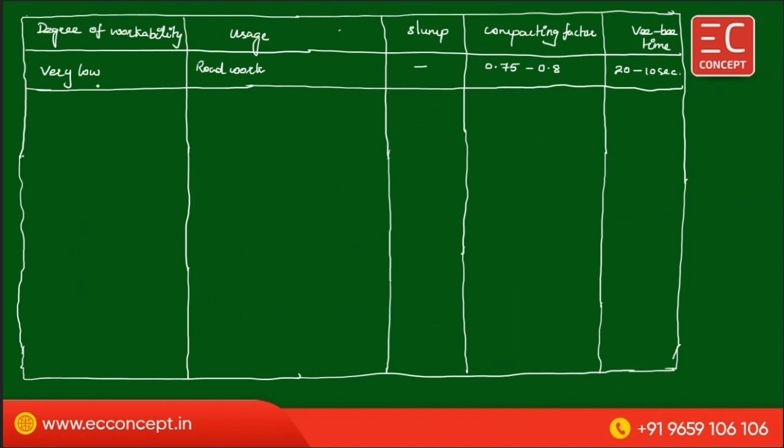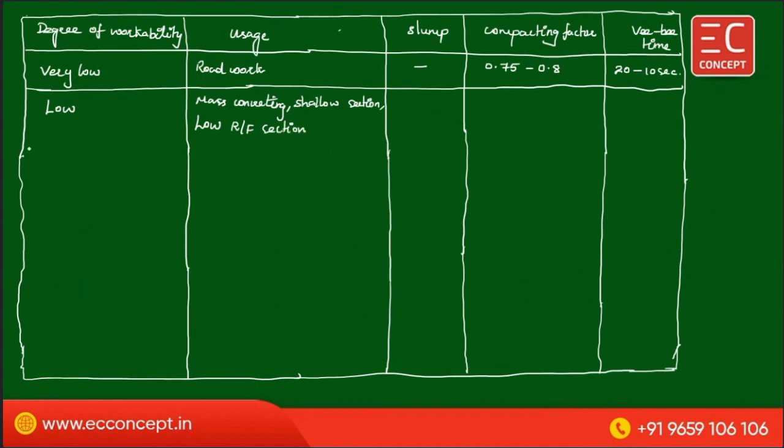Second one is low workability. We will use this in mass concreting, shallow sections, and low reinforcement sections.